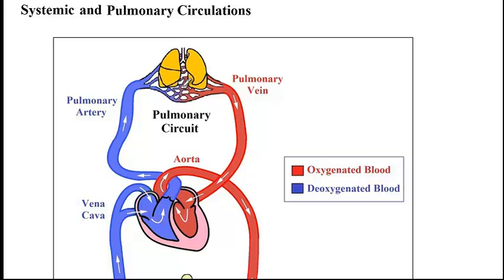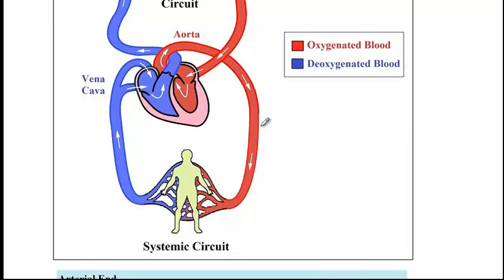So within the pulmonary circulation, blood becomes oxygenated, it enters the left atrium, and then via the left ventricle, blood is again pumped into the rest of the body. And this is called the systemic circulation.